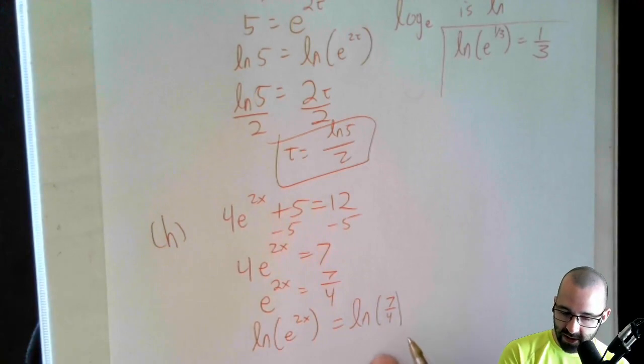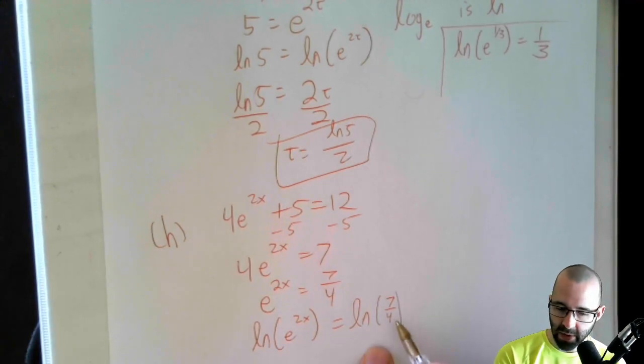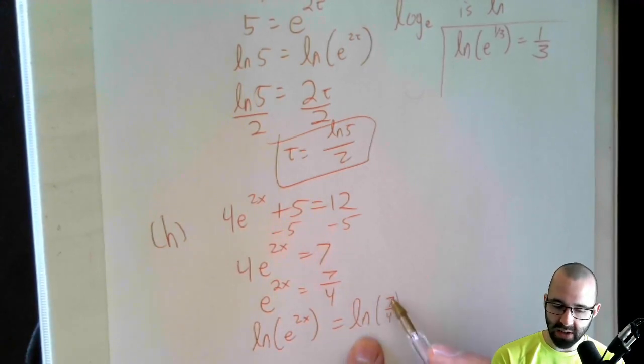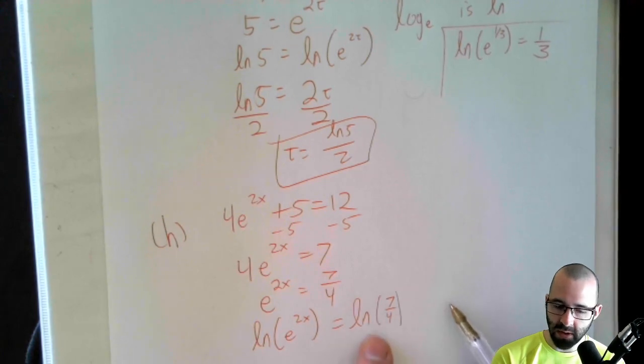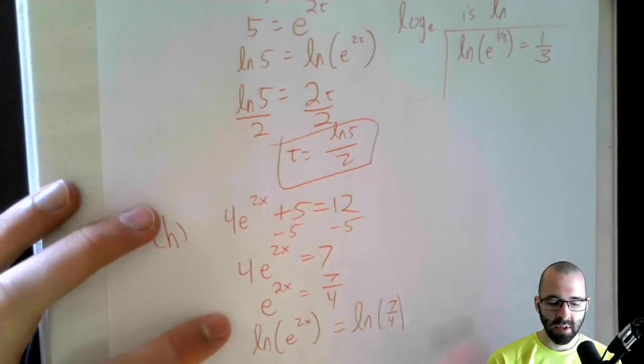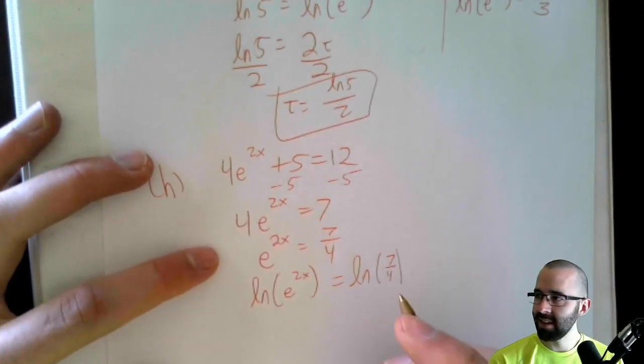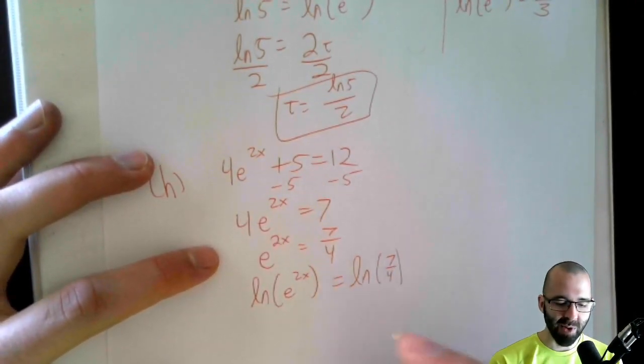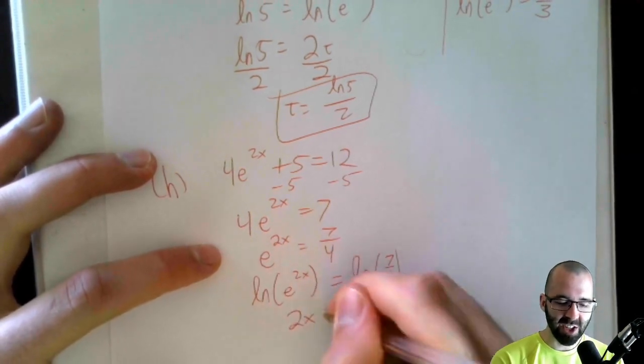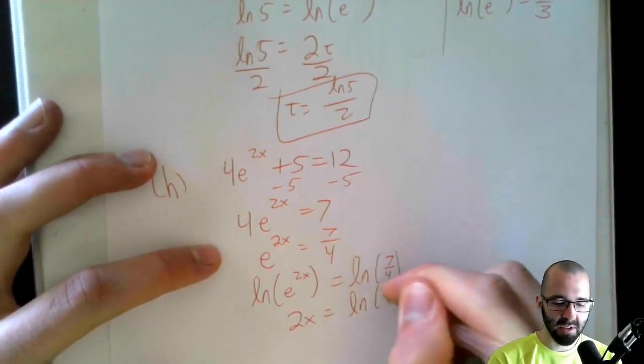And remember, if we wanted to, we could split this up. This could be the natural log of 7 minus the natural log of 4, but we don't need to. Okay? These are inverse functions. They cancel each other out. We get 2x equals ln 7/4.